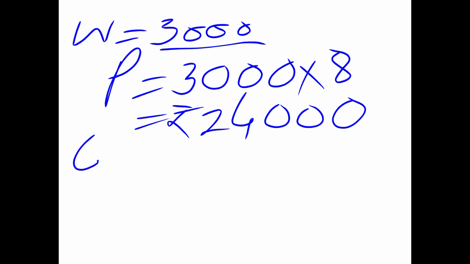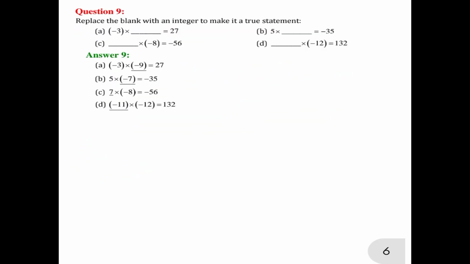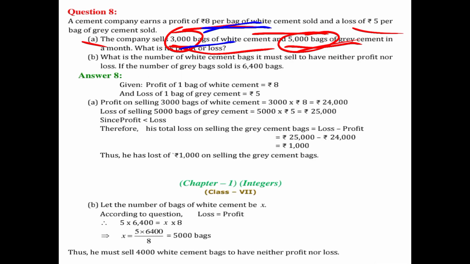Okay, now grey cement. How many bags of grey cement did the company sell on a given day? 5,000 bags. And we know that for every grey bag sold, there is a loss of 5 rupees, right?